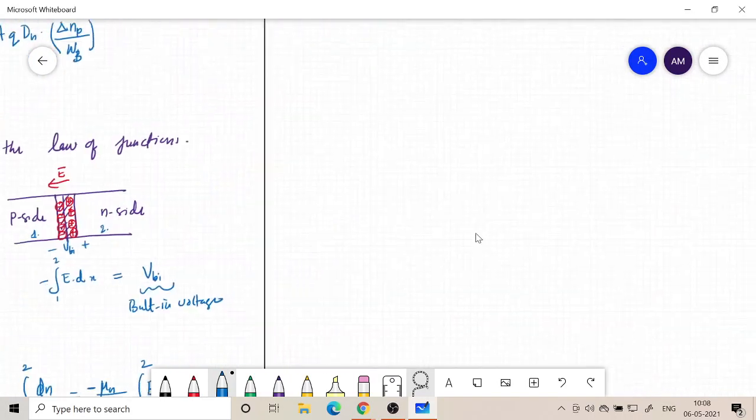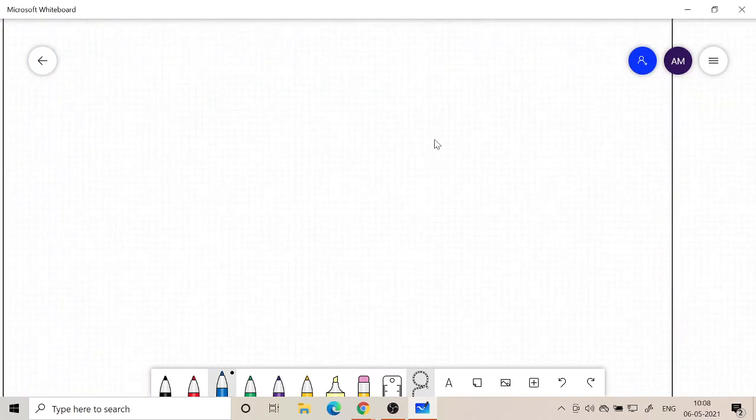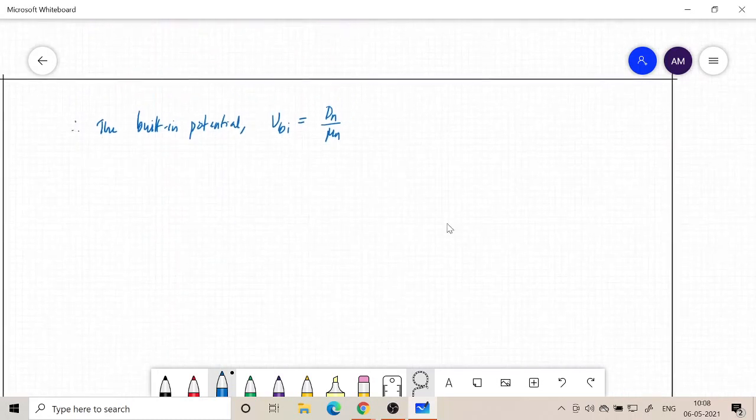Okay, so everybody knows what the integral of 1 by n is. That is basically the natural log. And the integral is from n1 to n2, so it is n2, the upper limit, by n1.